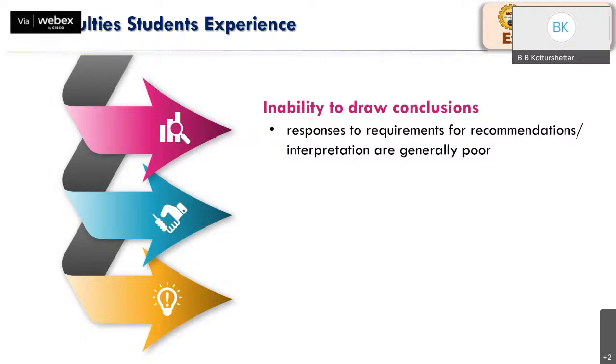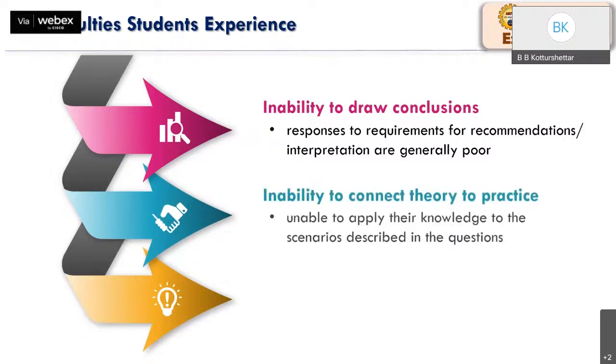We observe this when they are expected to conduct some experiments, do some investigations, and come up with inferences. They will conduct the experiments and do calculations, but at the end of the day, when it comes to interpretation, we see the interpretations are not up to the mark. They are not able to conclude properly.